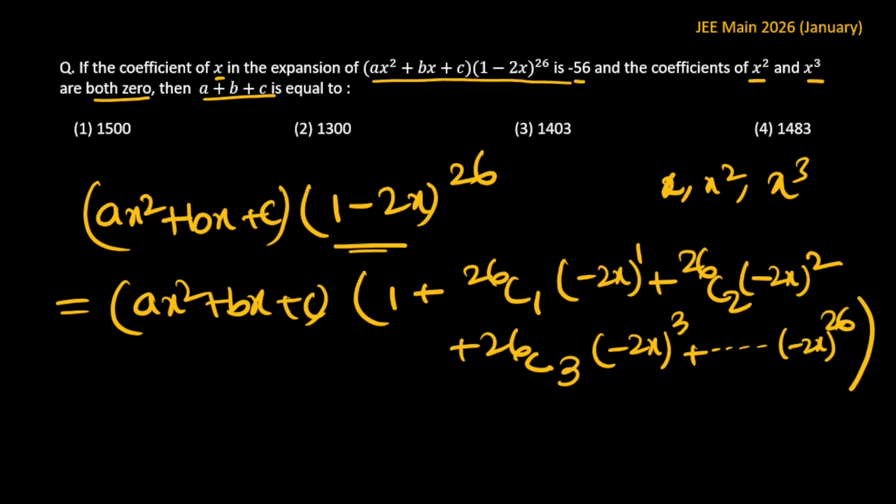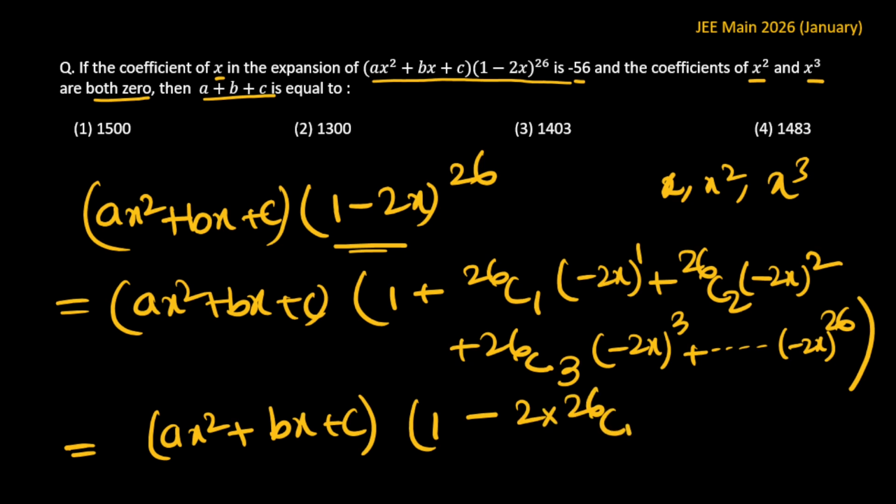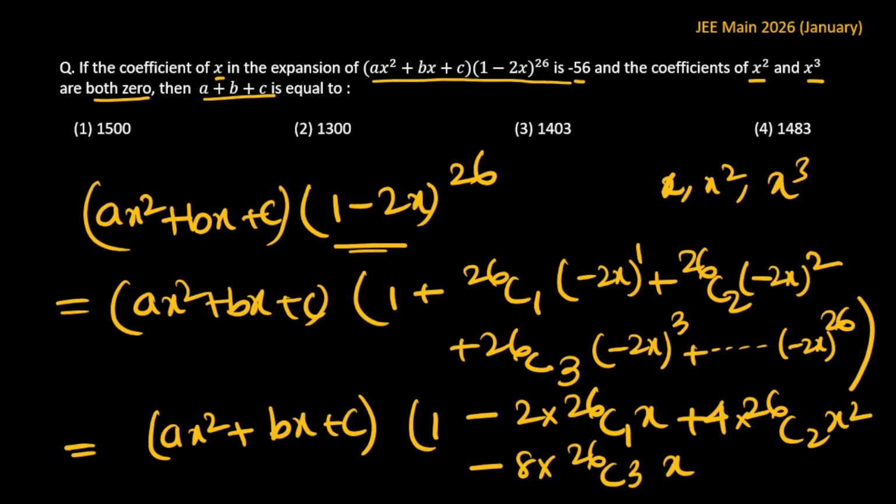Because we need the coefficient of x cube, we expand only up to x cube. Now (ax square plus bx plus c) times (1 minus 2 times 26c1 x plus 4 times 26c2 x square minus 8 times 26c3 x cube and so on) minus 2x power 26.